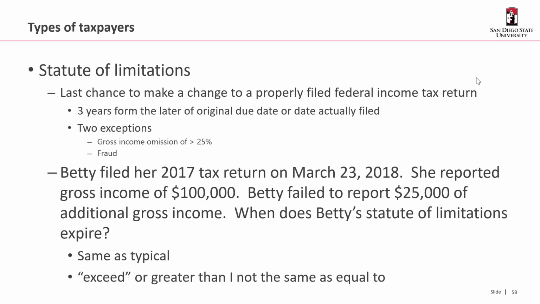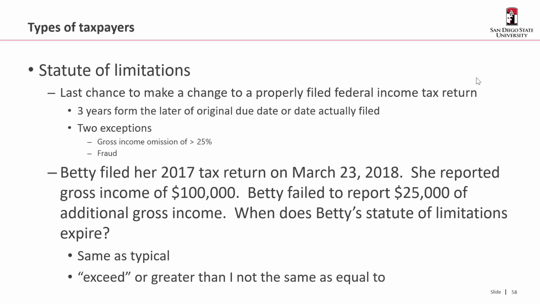If there's a giant omission, then the statute of limitations is extended to 6 years. And a giant omission is one that is considered greater than 25% of the taxpayer's gross income. And the other exception is for fraud, in which case the statute is extended indefinitely. So Betty filed her 2017 tax return on March 23, 2018.